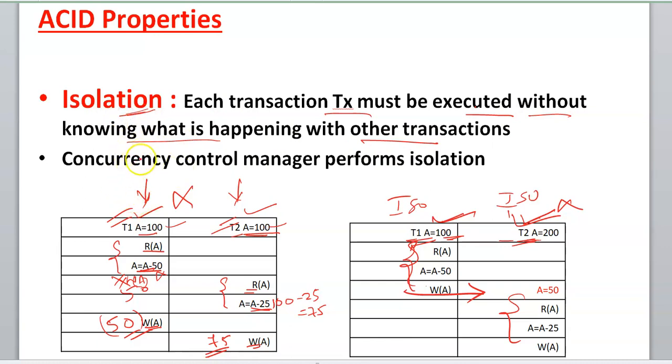Next, the second point here to notice is that the concurrency control manager performs isolation. So there is one part of the application called the concurrency control manager. This part of the application is going to make sure that transactions are running in isolation. Okay, so this was all about isolation.